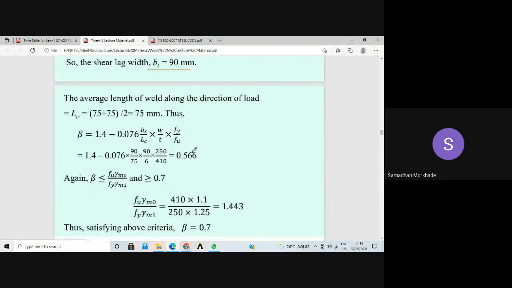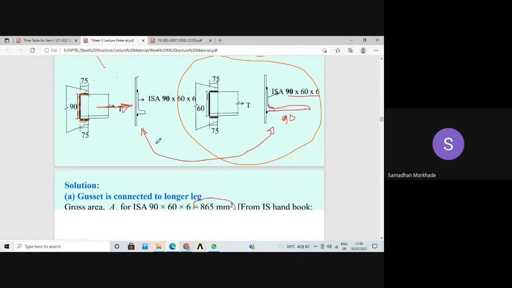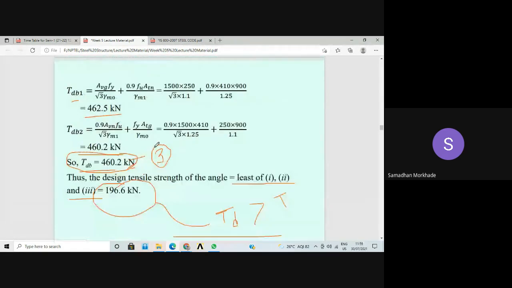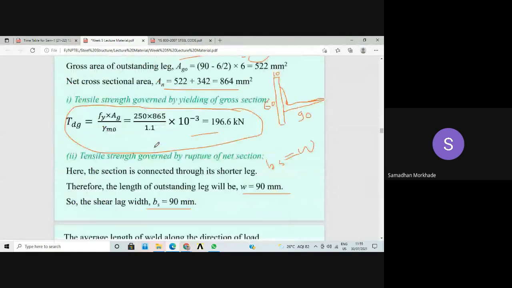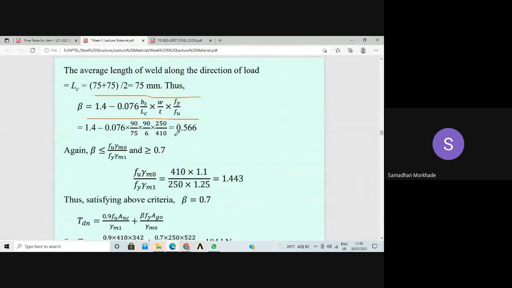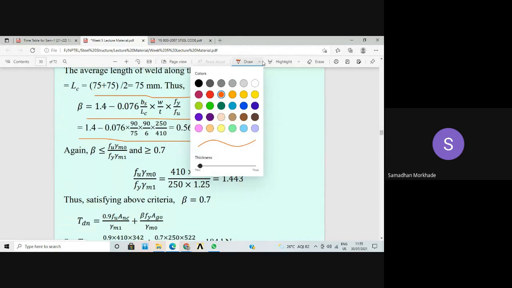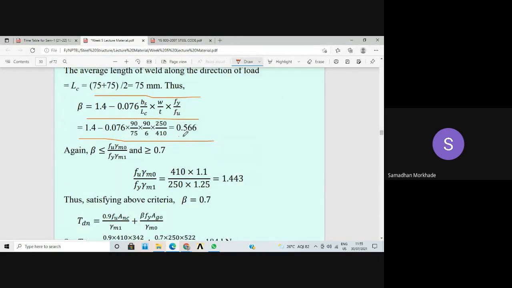LC is 75, the length of connection is the same. The length of connection has not changed, because this figure is for the first case and this is for the second case. So 75 plus 75 divided by 2, the length of connection is 75. Now see the beta value, here. Now see beta is coming 0.56.